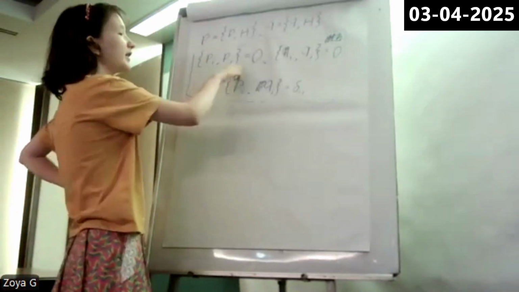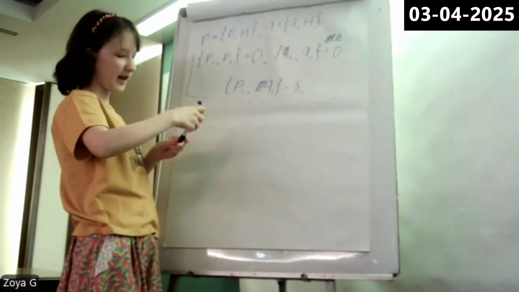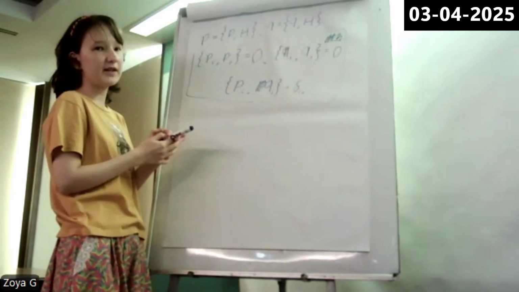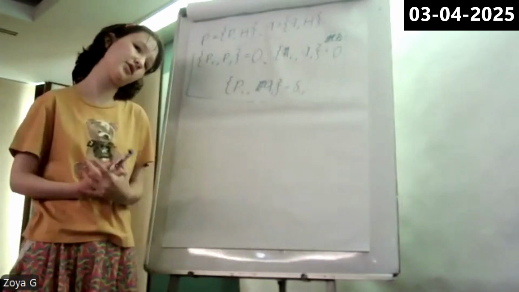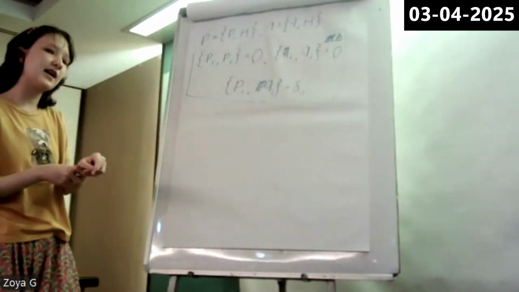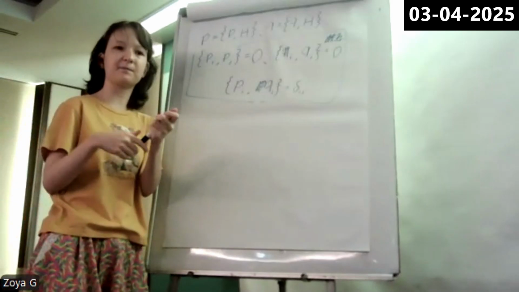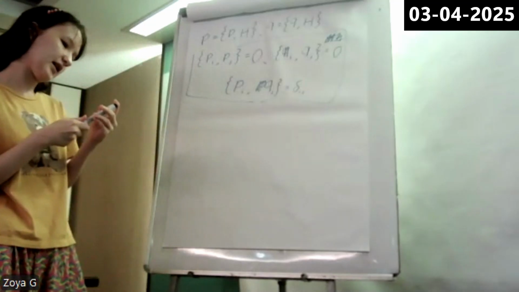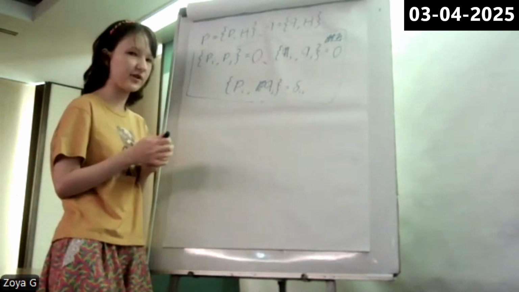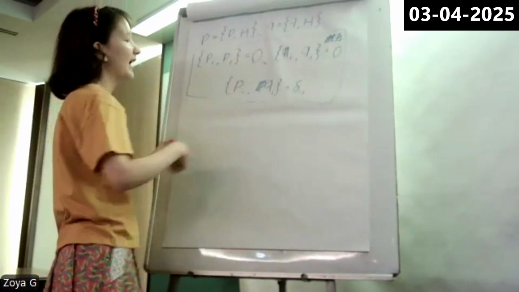Now, what these two conditions say is that every P and every Q is independent from each other. They don't influence each other's motion, and this is important in later action angle variable theory. I'm not sure if I showed this in my action angle variable theory video, but this is important for that.